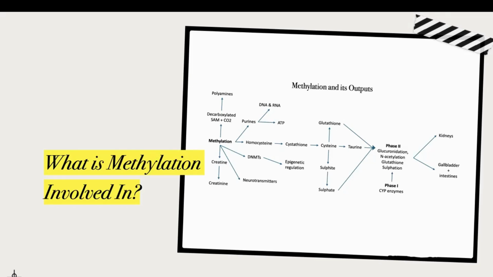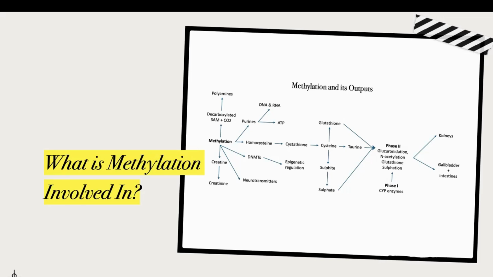So what methylation is also doing is it's giving our body the substrate to be able to remove harmful substances from our body so that we're not harmed by them. And so these are some of the really important things that methylation is involved in. But as I've said, there's many, many more, but too many to go through here. So these are the key ones that I just want you to remember.